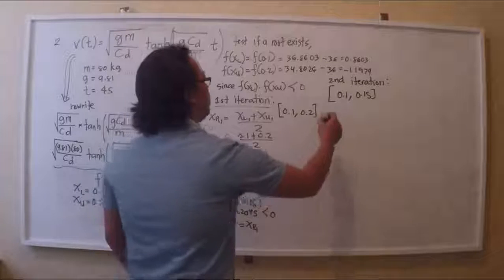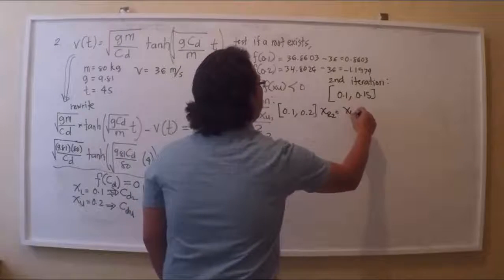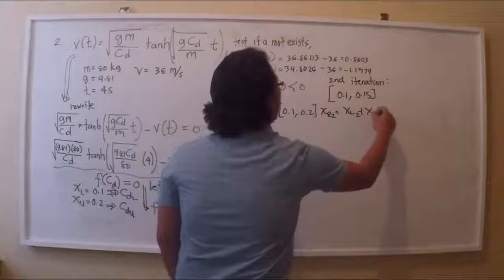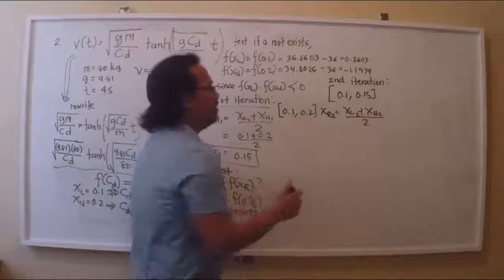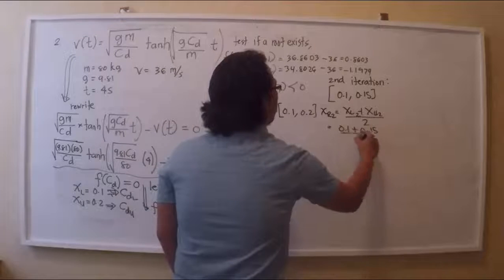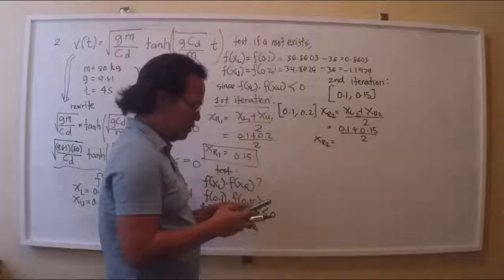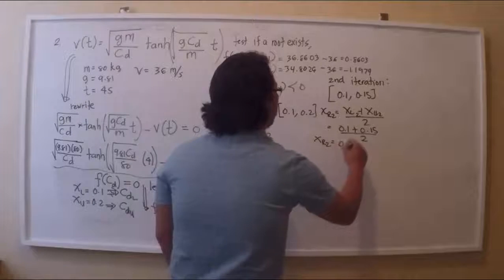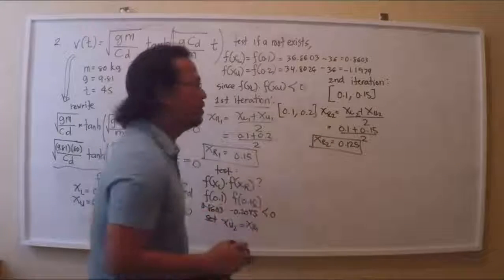Okay, xr2 is equal to xl2 plus xu2 over 2. Okay? And then let's compute 0.1 plus 0.15 over 2. How much is this? Okay, plus 0.15 divided by 2, that's 0.125.